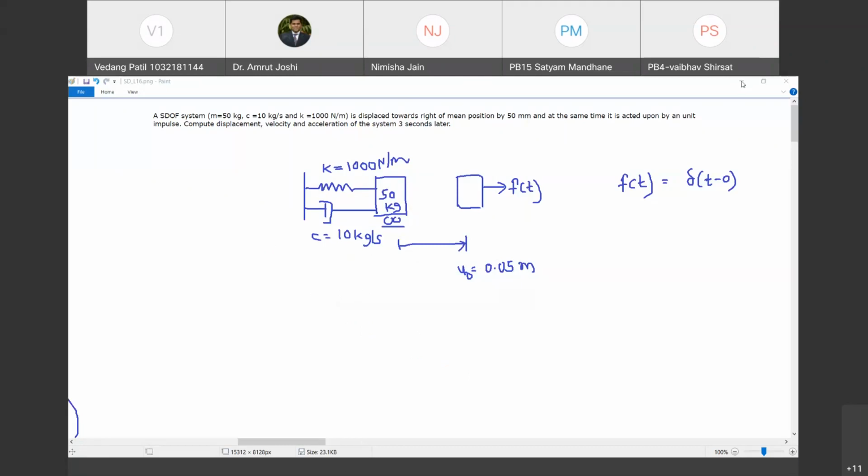Do you have the response of single degree of freedom system to the impulse delta of t minus tau that we decided? Sir, it was u of t minus tau is equal to e raised to minus eta omega t minus tau. So that Vedant, formula. Just give me a second. I need to bring a charger for the laptop. Just give me a second. Okay, sir.